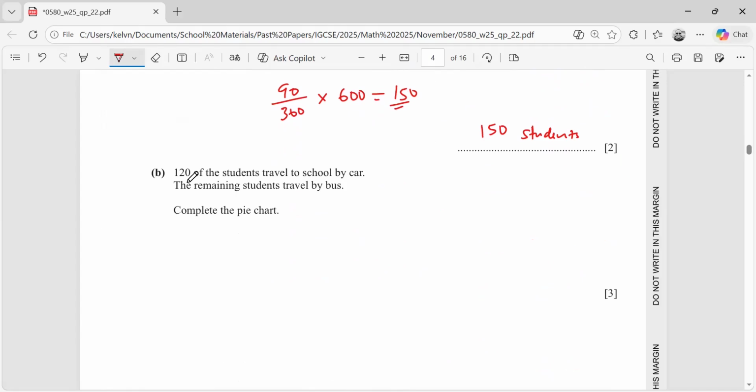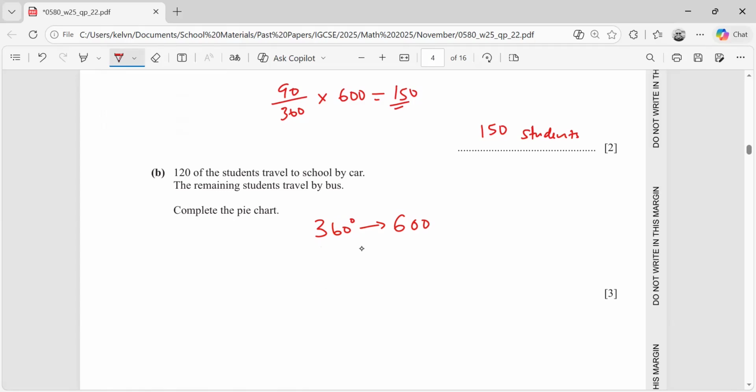Now we are told 120 of the students travel to school by car. The remaining students travel by bus. Complete the pie chart. Okay, this is good. So we know 360 degrees represents 600 students.